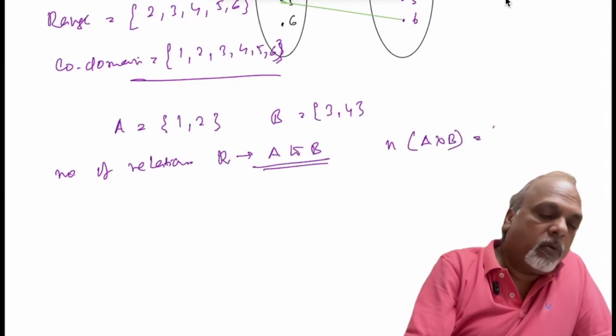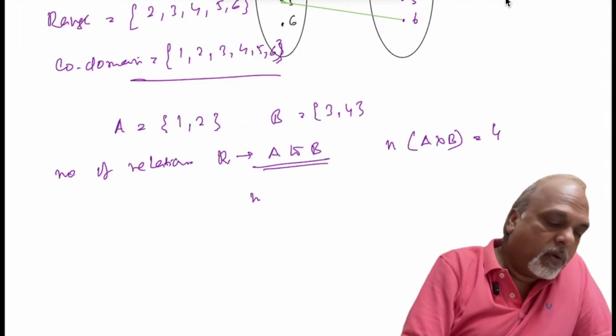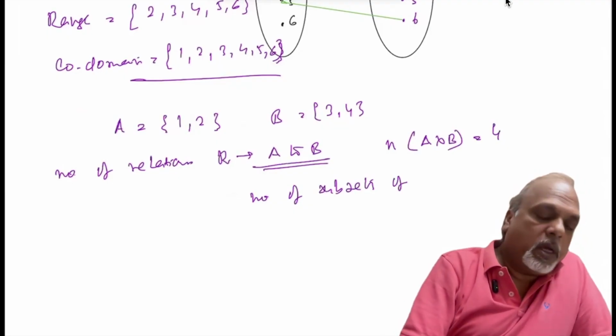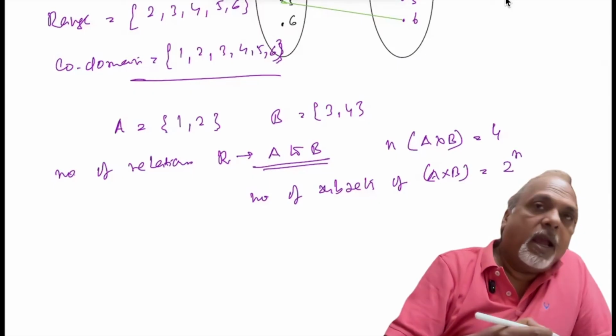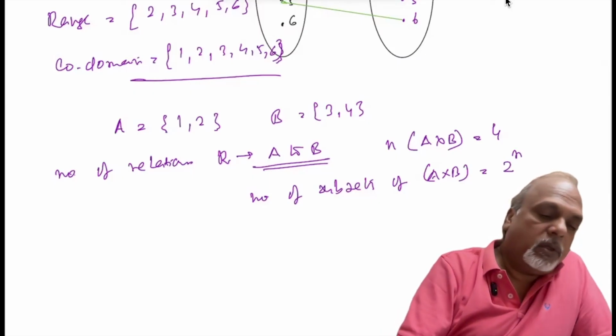this is basically 4, and how many number of subsets of A cross B, that you know, 2 raised to power n. Here n is what? N is 4. That means 2 raised to 4.